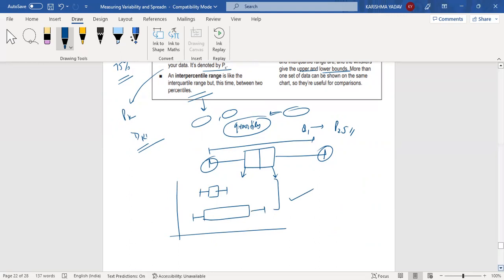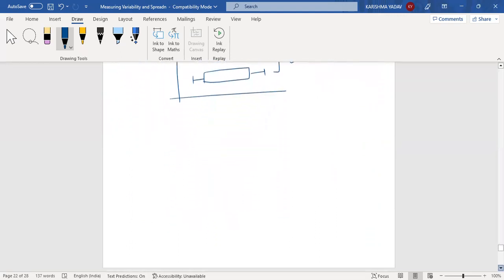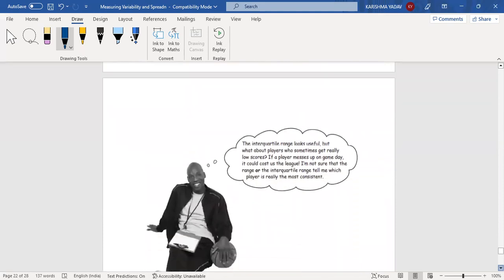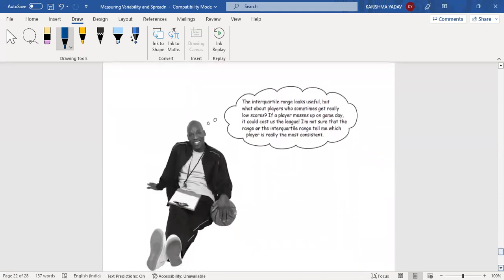Okay, now see this one. The coach is saying that the interquartile range looks useful, but what about players who sometimes get really low scores? If a player messes up on a game day, it could cost us the league. I am not sure that the range or the interquartile range tell me which player is really the more consistent.